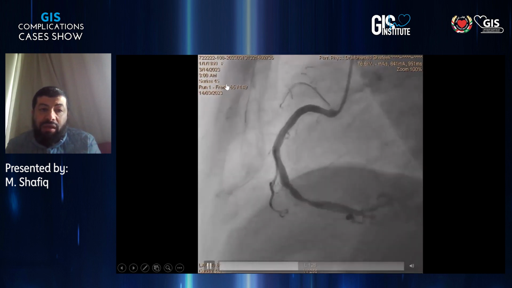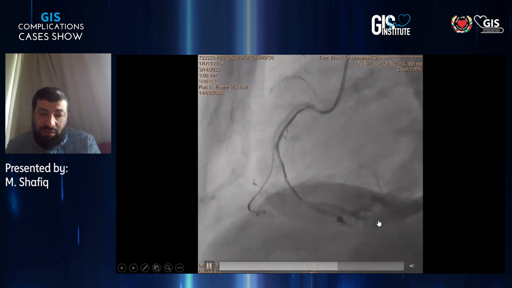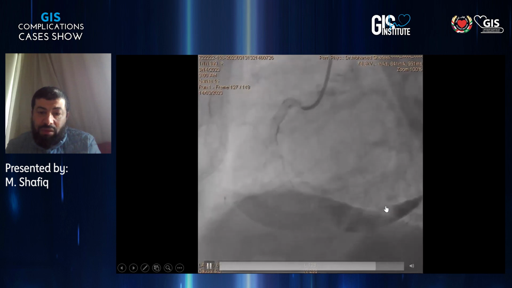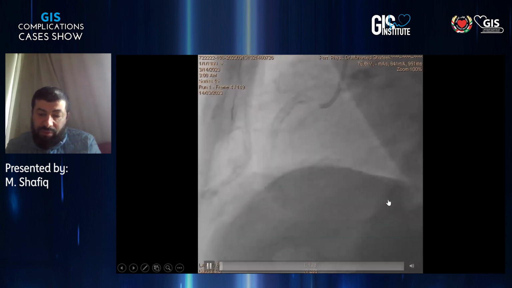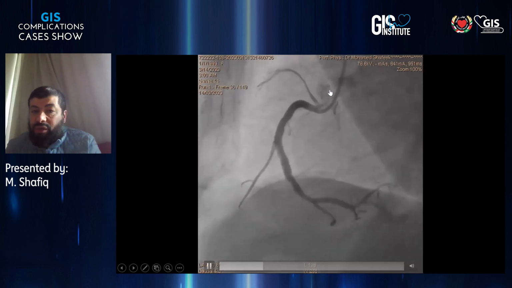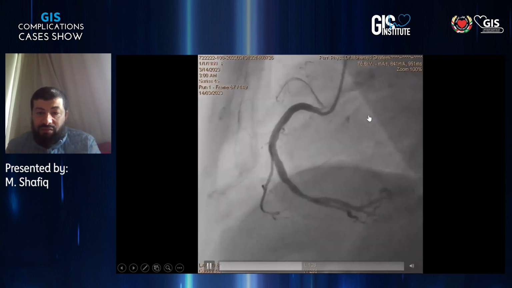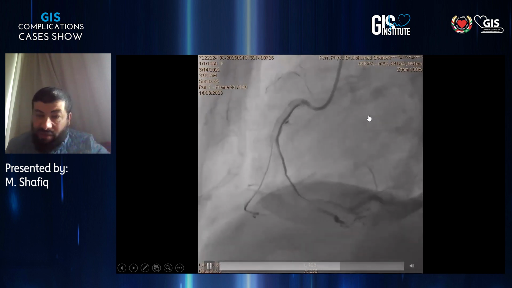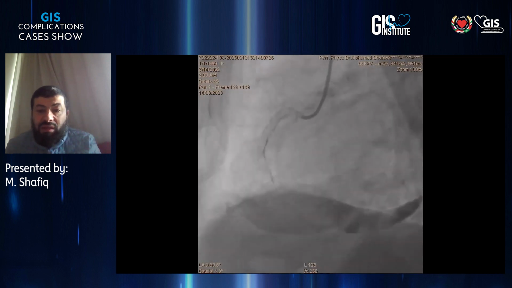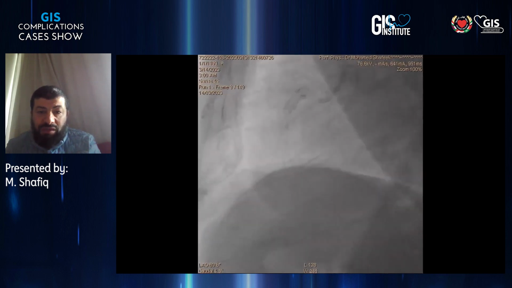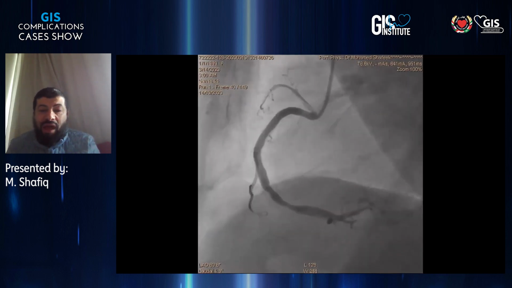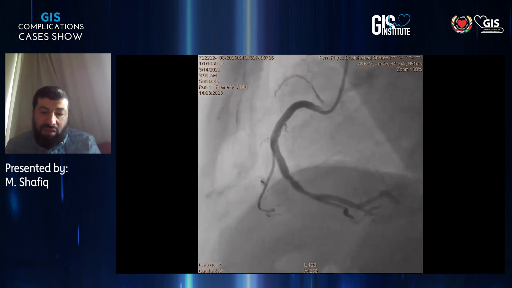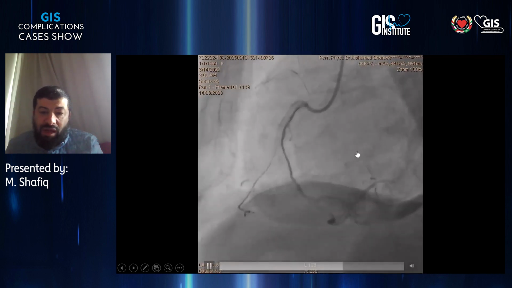I was rechecking after 1 minute of deflating the balloon. The perforation is still going, and we were working through a diagnostic catheter of the right coronary because the guiding didn't give me the needed support at all in the beginning to pass even the wire. So this is diagnostic. I had to go out with everything to be able to have an image.